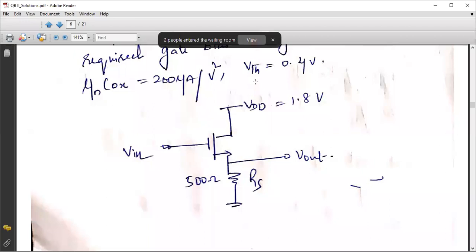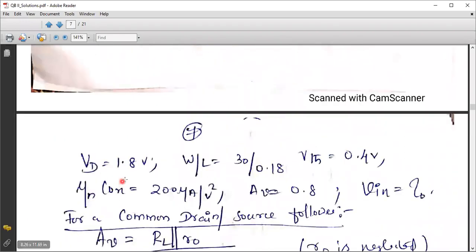If you take the voltage across the drain, you can see that it will be equal to the supply voltage because the drain is directly short circuited with the supply. So VD will be equal to VDD, that is 1.8 volt. Then we have the aspect ratio, the threshold voltage, Kn dash, AV, and the only thing to solve is V in.